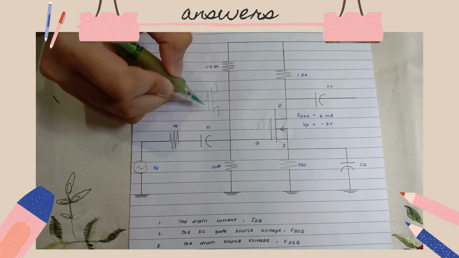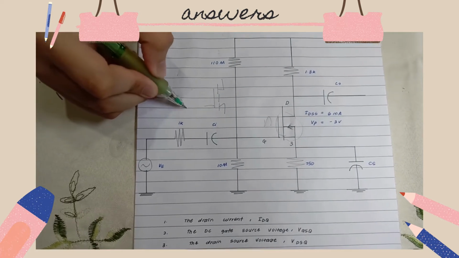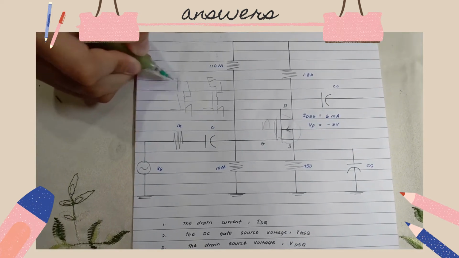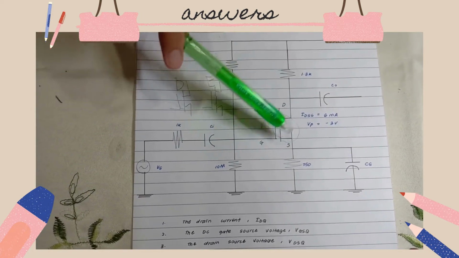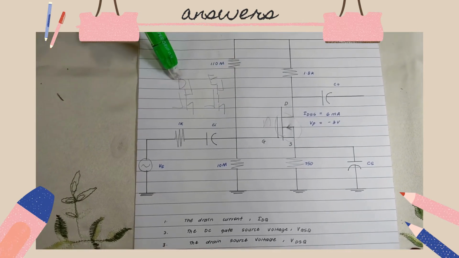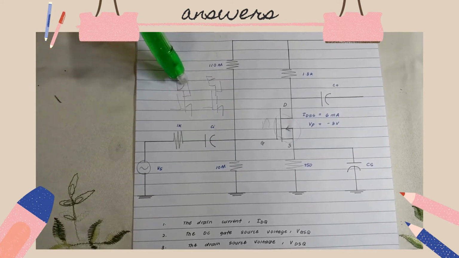The type for E MOSFET is like this, and the type for D MOSFET is like this. So, the FET here shows that it is type for D MOSFET. This circuit is N-channel D MOSFET type.